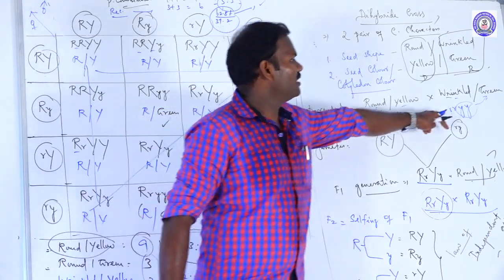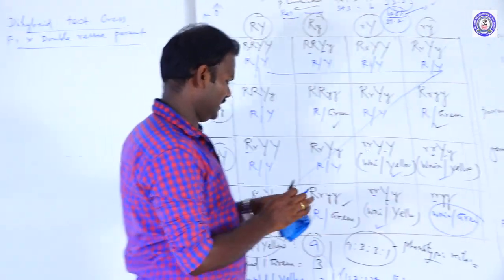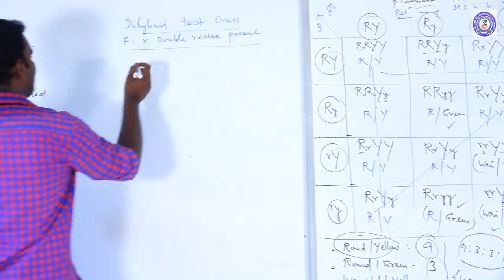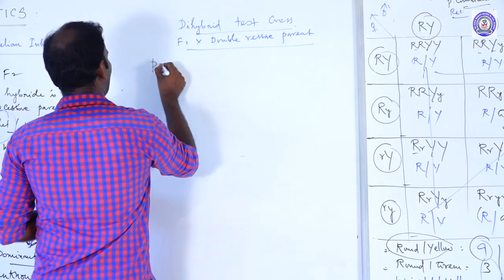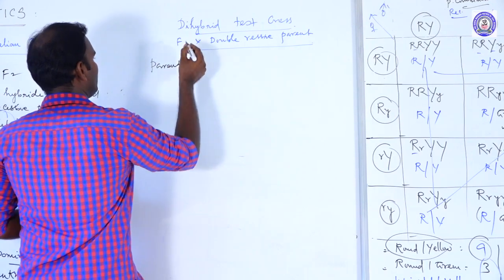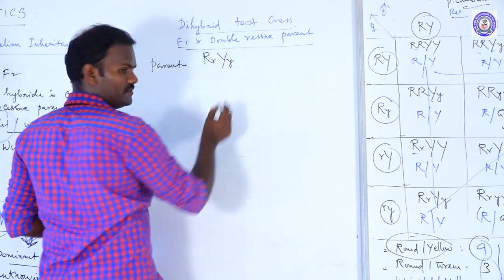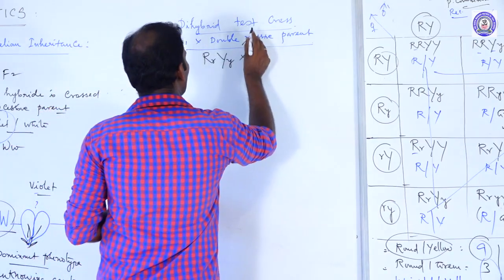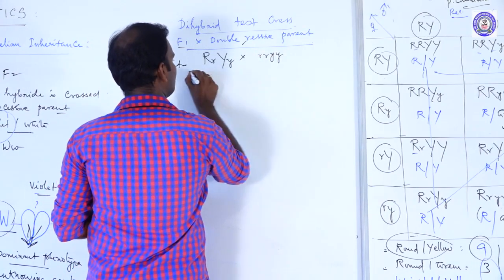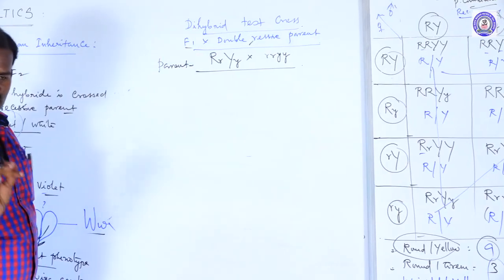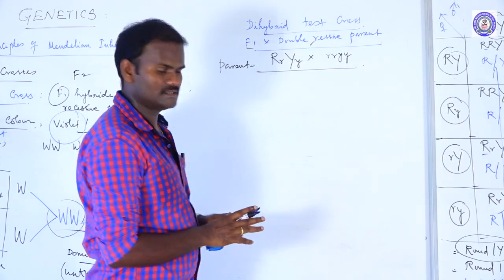F1 crossed with a double recessive parent, small r, small r, small y, small y. These are the parents. So what is called a dihybrid test cross? F1 is crossed with a double recessive parent.